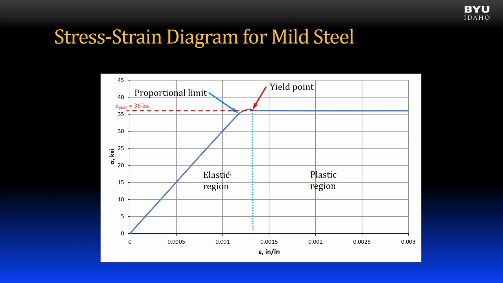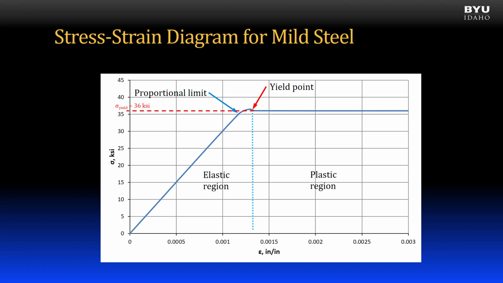If we load the material within the elastic region and prior to the yield point, and we release the load, the sample will return back to its original size. If we load the sample beyond the yield point, then the material will be permanently deformed.